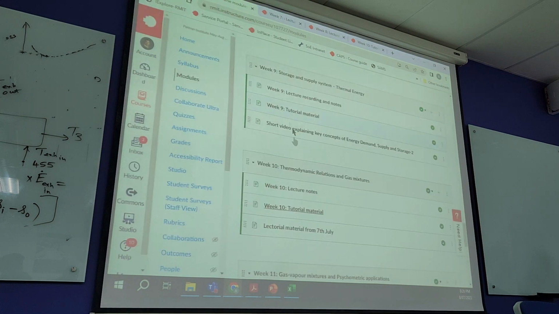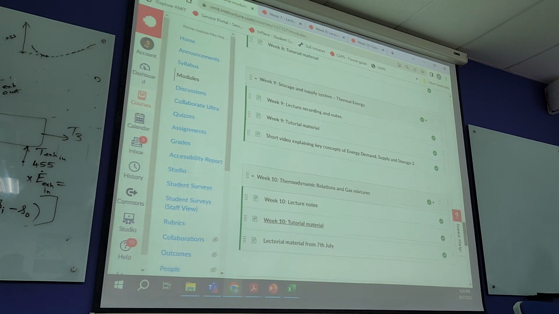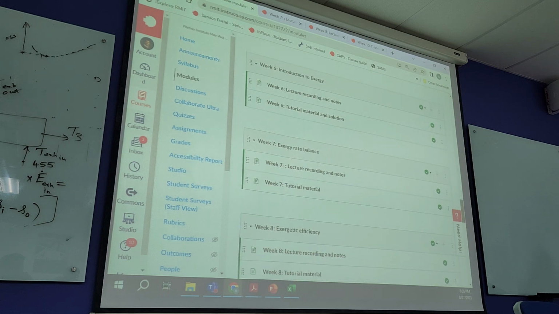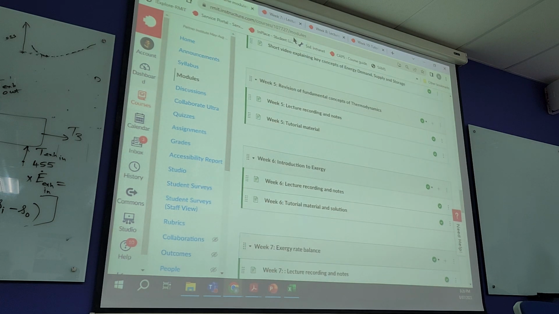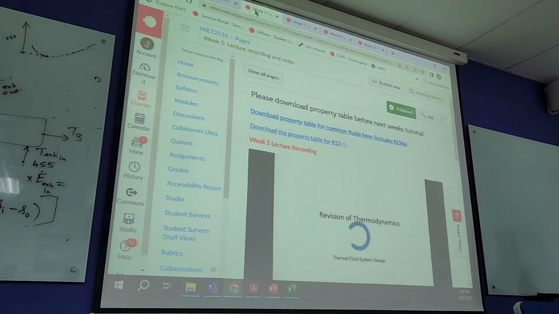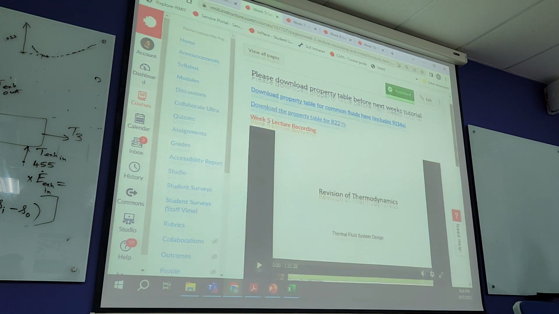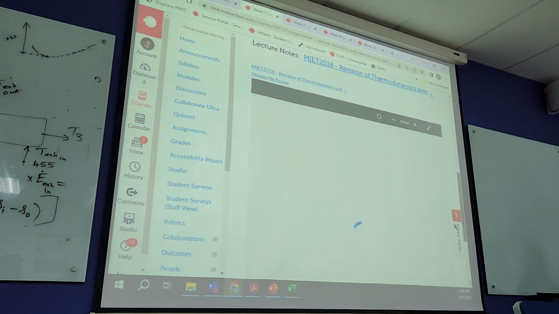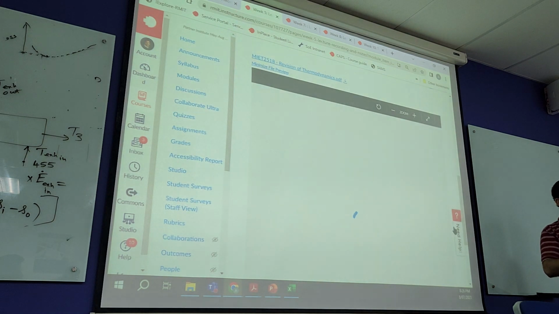Let me open the week 5 lecture notes, where we have gone through how to find change in entropy for gases and for liquids.